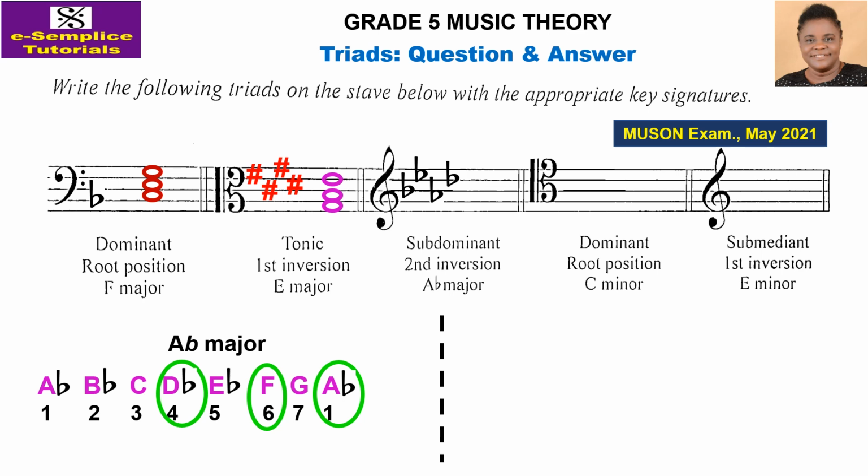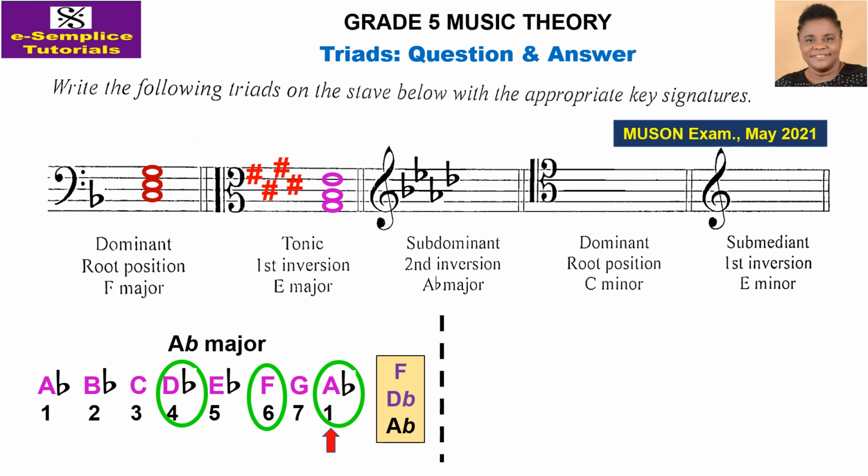But we are required to write the second inversion of this subdominant triad. Second inversion means the fifth will now be at the root of the triad. So having the fifth at the root, now it means we'll have D flat, then F following. So let's stack. So we have A flat, D flat, and F.